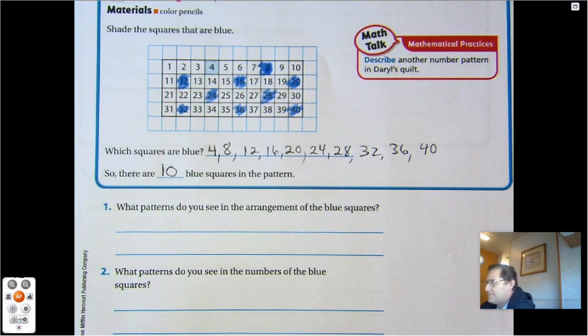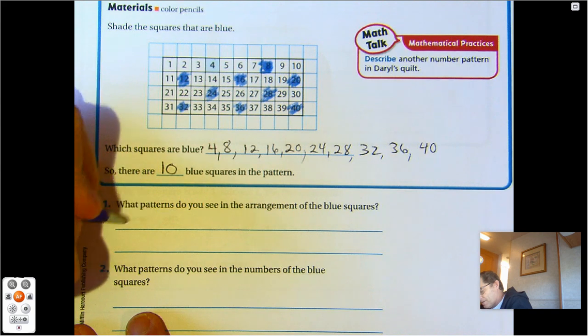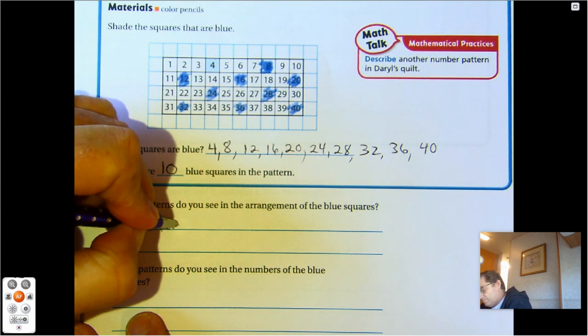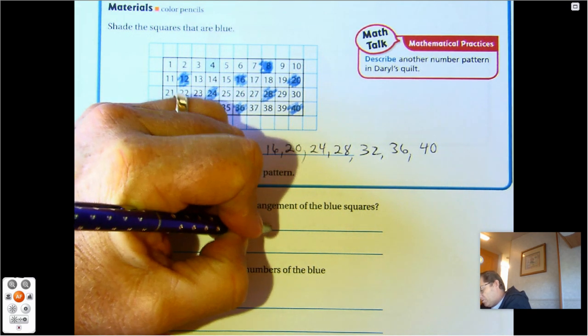What patterns do you see in the arrangement of the blue squares? What patterns do we see? Well, I see 2 blue squares in the first row.